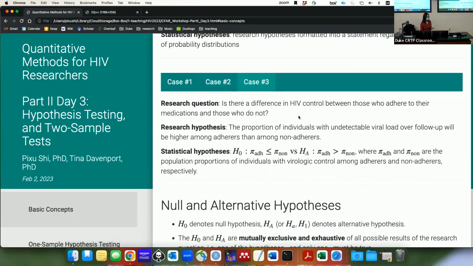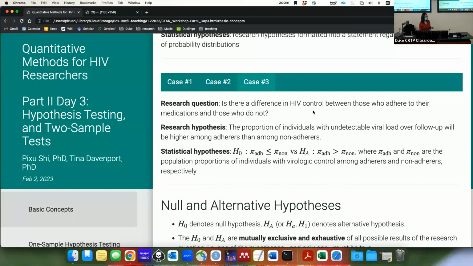And in this third case, instead of a mean parameter, sometimes in our research, we also deal with a proportion parameter. So this is one example. The research question is, is there a difference in the HIV control between those who adhere to their medication and those who do not?